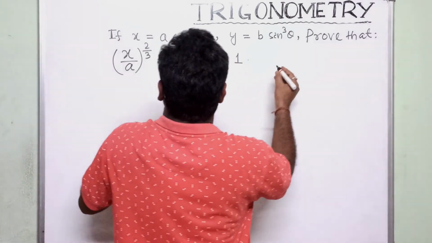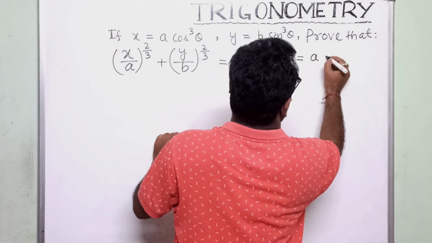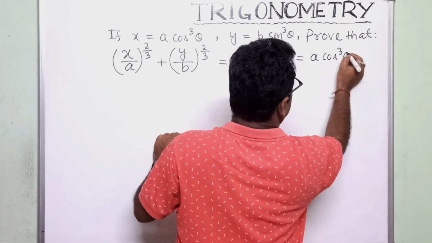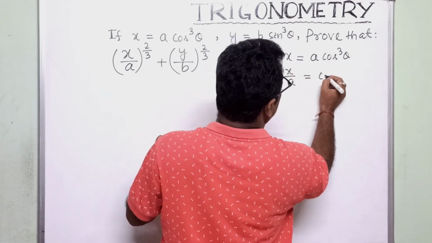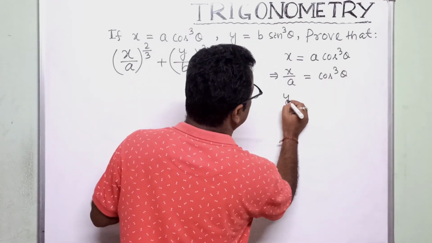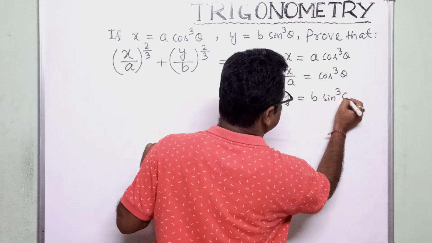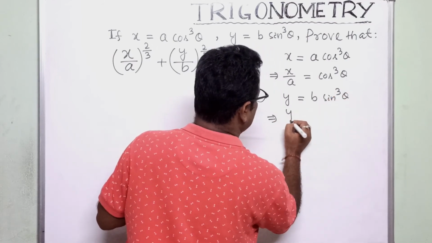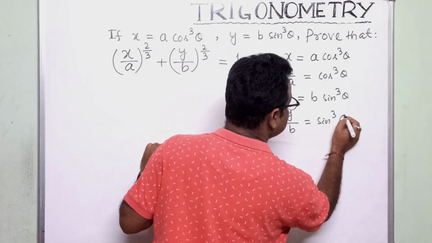So now see, x is equal to a cos cube theta. So that implies x by a is equal to cos cube theta. Okay. Now y is equal to b sin cube theta. That implies y by b is equal to sin cube theta.